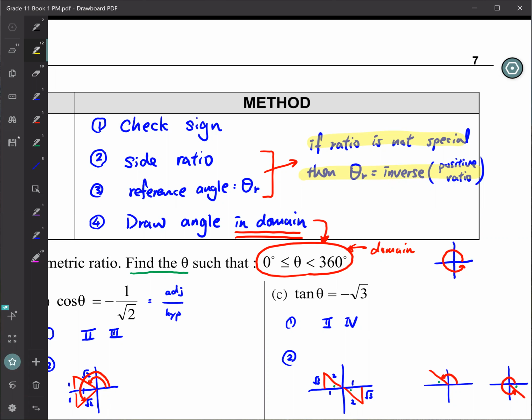Raise your hand if you got this down. Brandon and Marcus, have you copied it down yet?